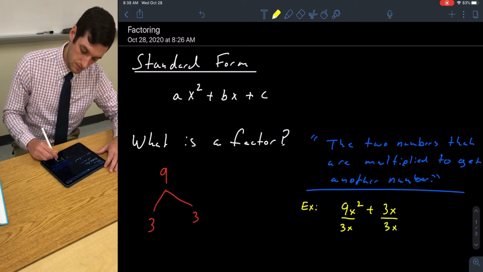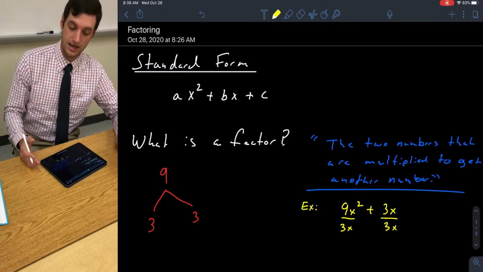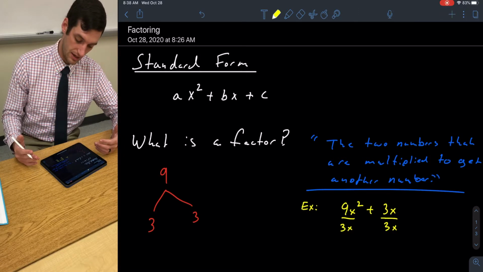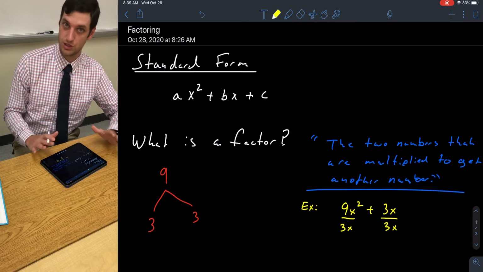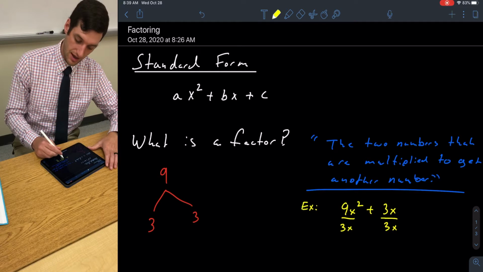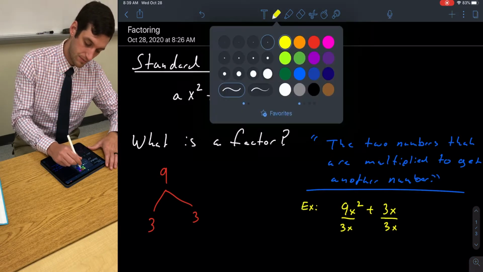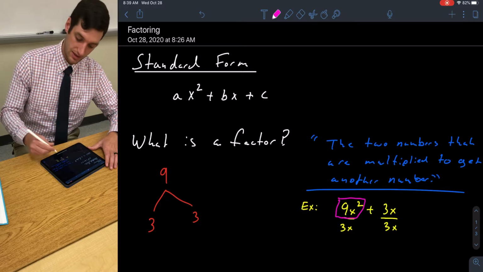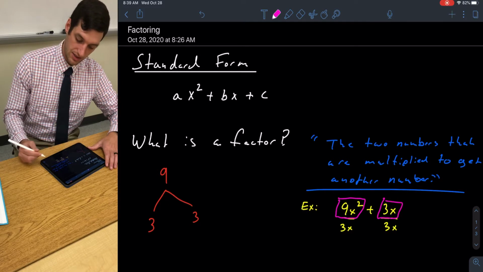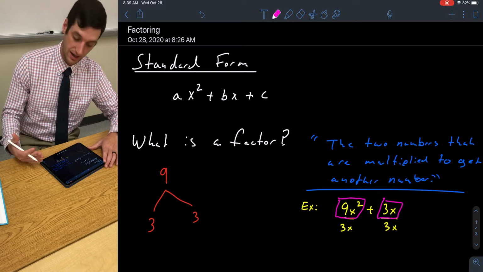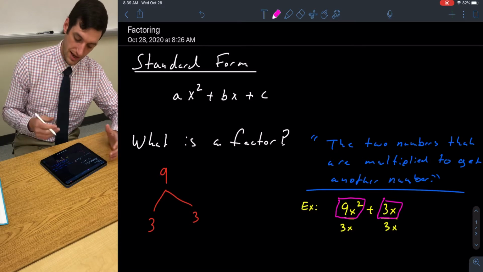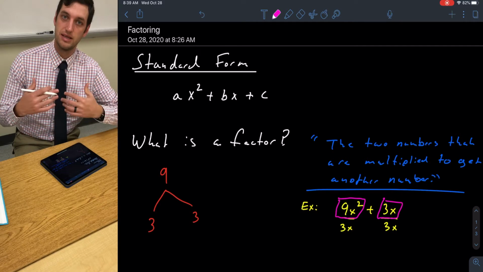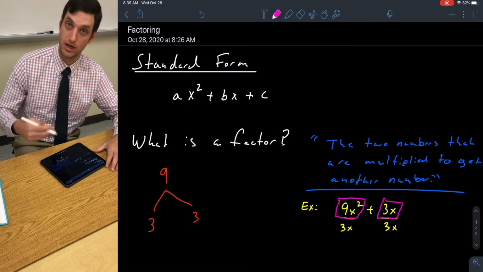I can divide both of these by 3x. The x doesn't necessarily always have to be there. If the x wasn't there, it would just be 3. This section here has a 3x, and this section here also has a 3x. So it has to be divisible by whatever we're trying to factor out.